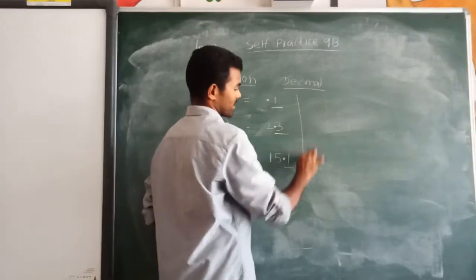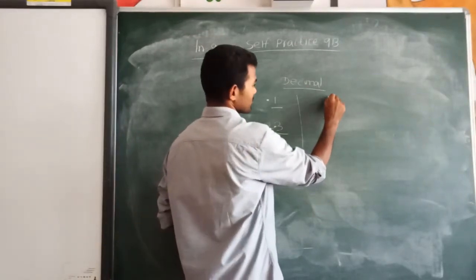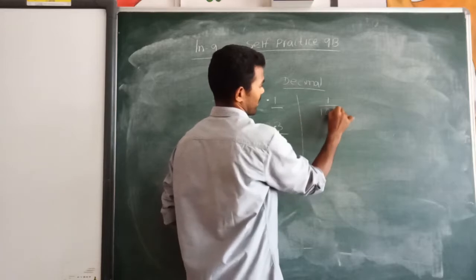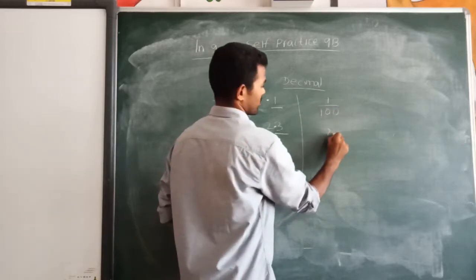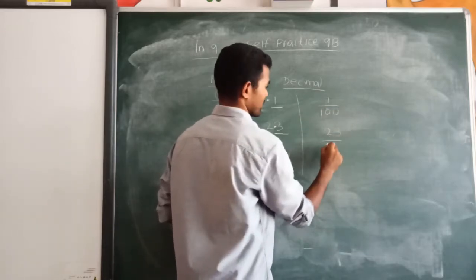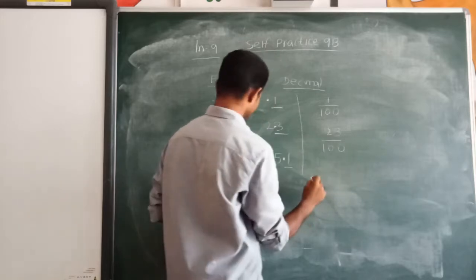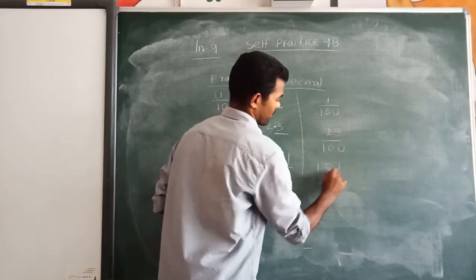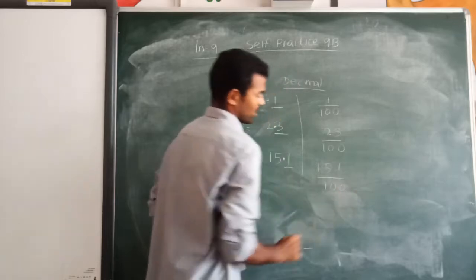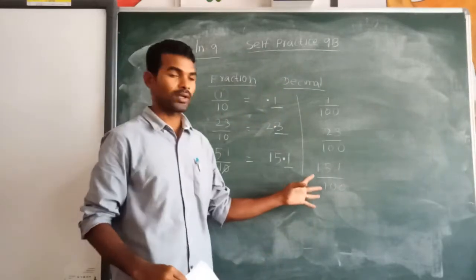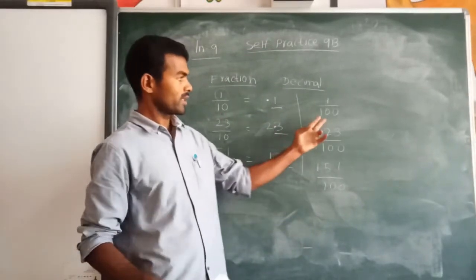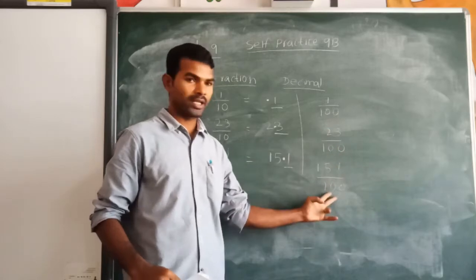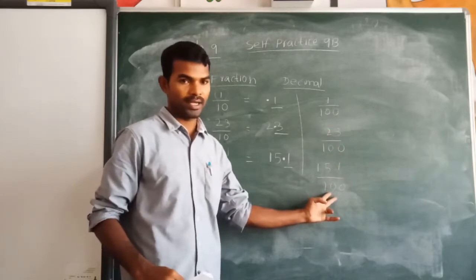Suppose any other, like 1 by 100, 23 by 100, or 151 by 100. Look at this, children. Now the denominator is 100.